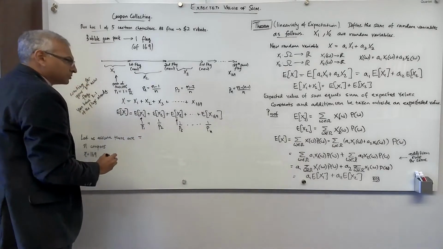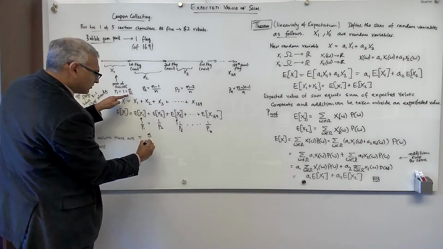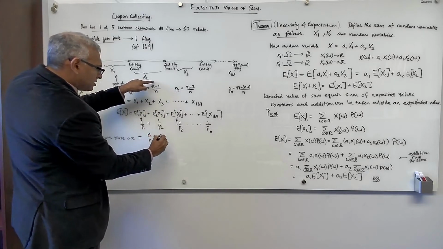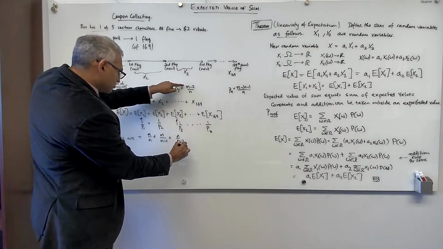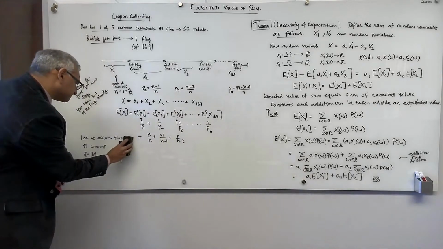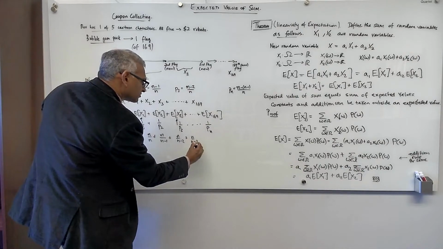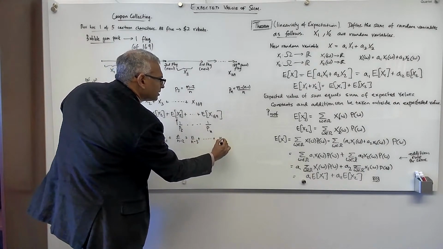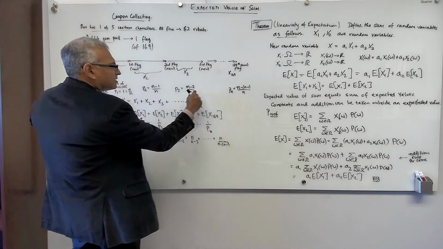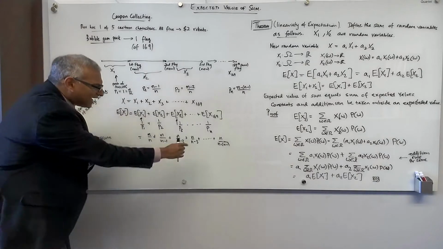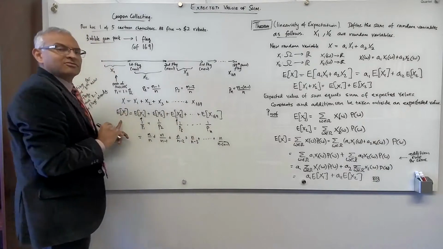So this is equal to n over n plus n over n minus 1, plus n over n minus 2, plus n over n minus 3, plus up to n over 1. So I've just taken the reciprocals of all these and added. Why did I add? That's because the expected value of a sum is the sum of expected values.